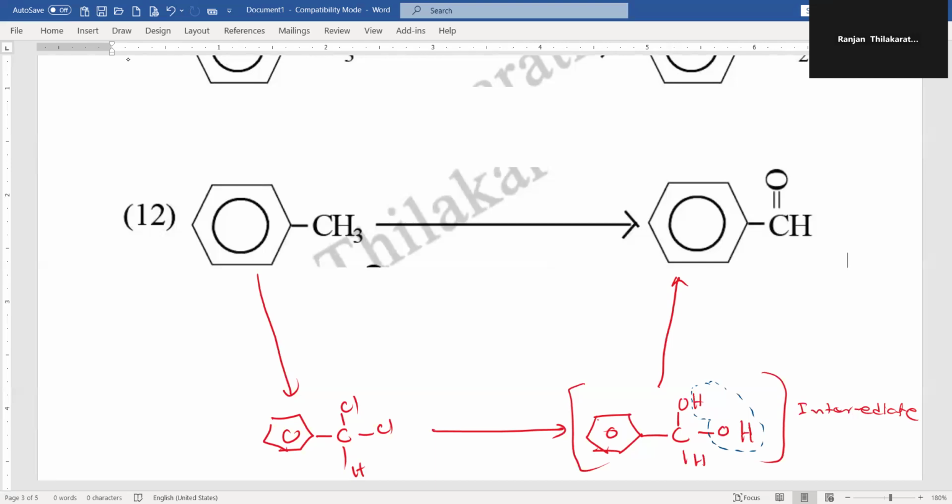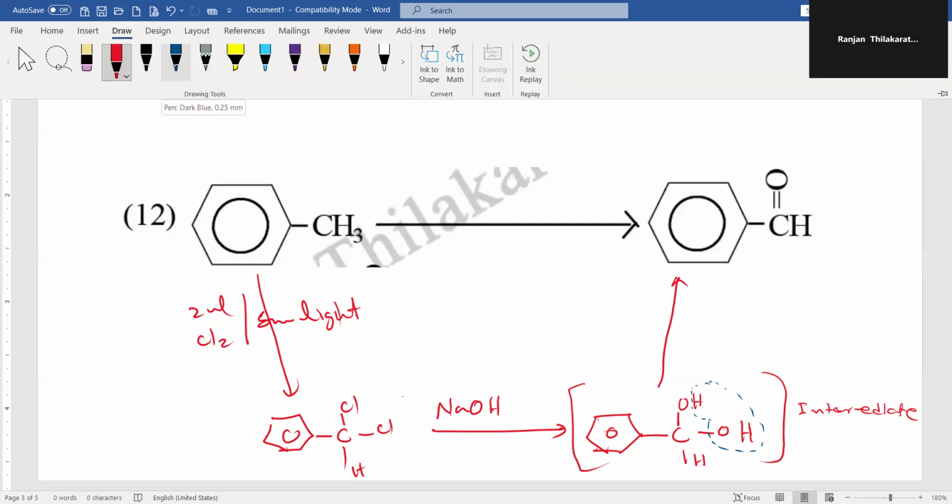So here to here you can add 2 moles of Cl2 and here diffuse sunlight. Then you will get this product, and here to here you can add sodium hydroxide, but actually straight away you can add the sodium hydroxide into this without writing the intermediate.